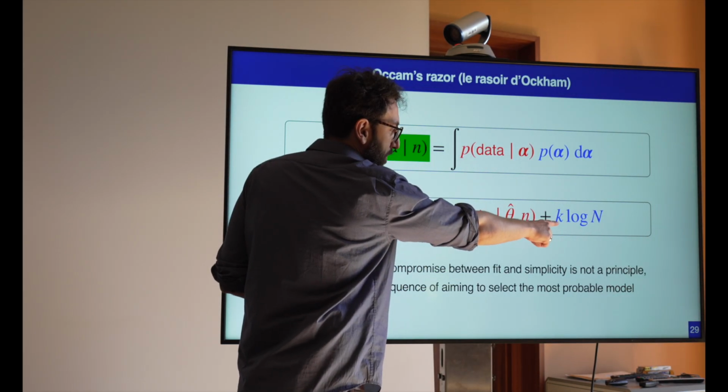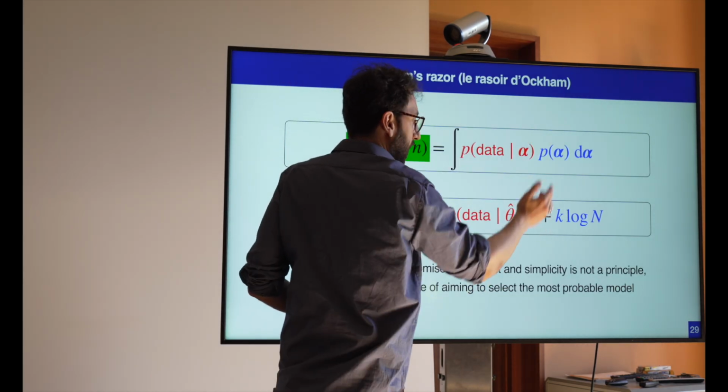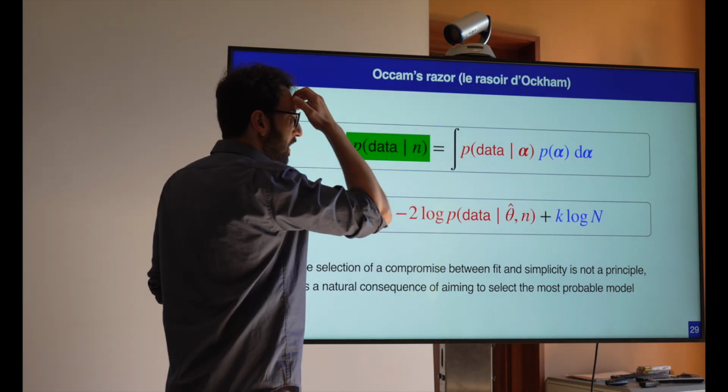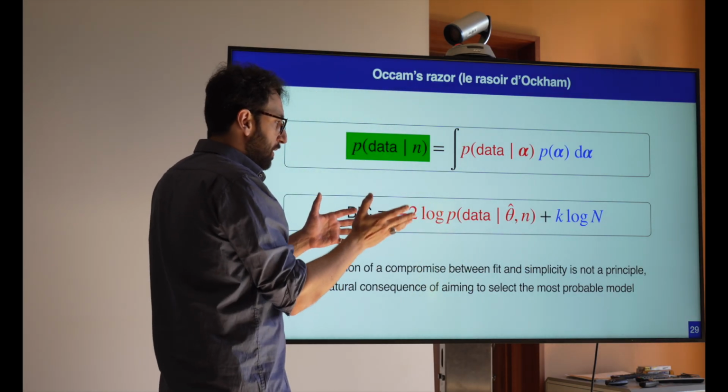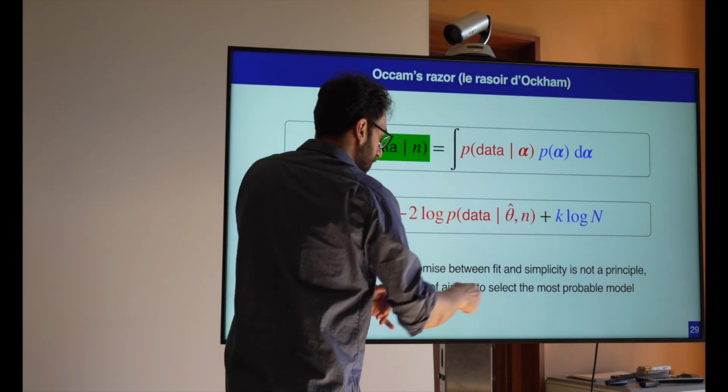This is the number of parameters in the model, which goes up as the model complexity increases. But as the model complexity increases, you also improve the likelihood, so this becomes lower and lower.